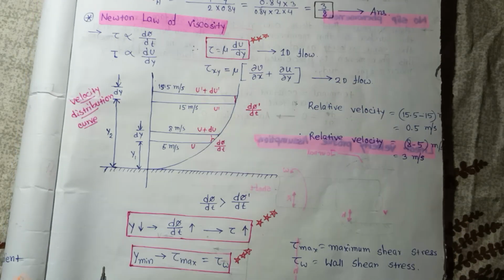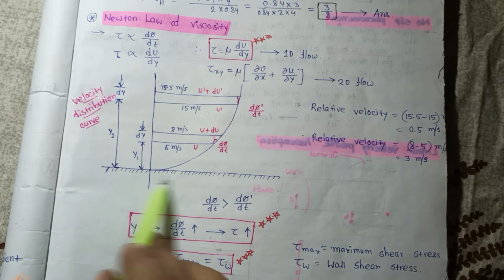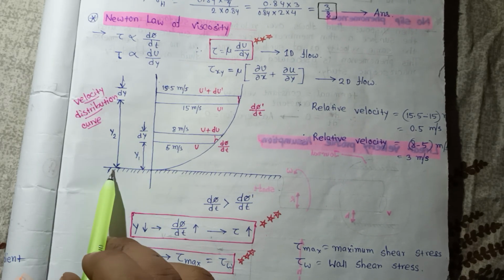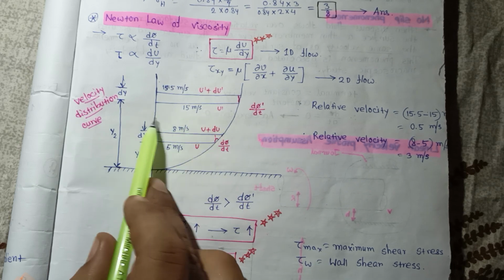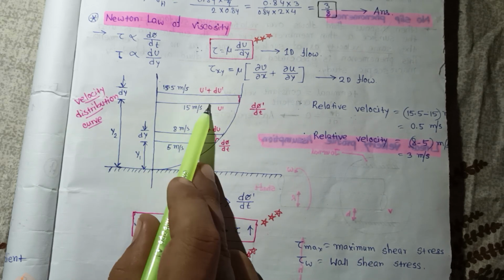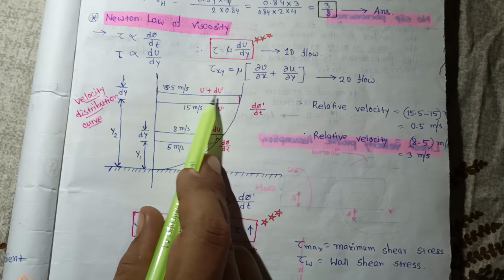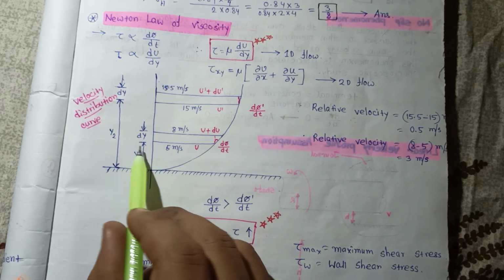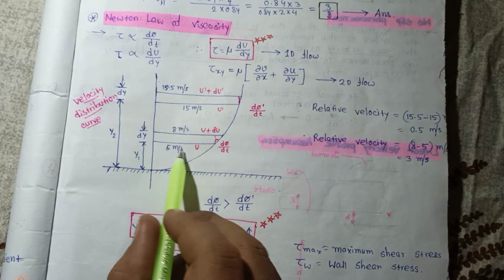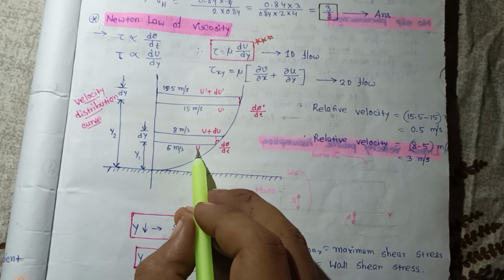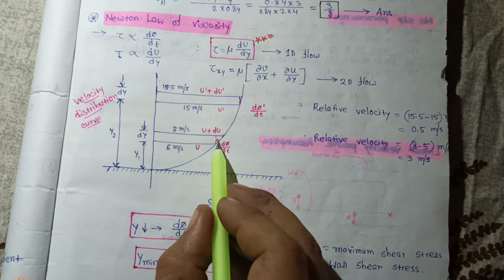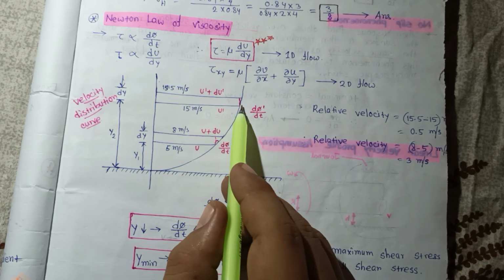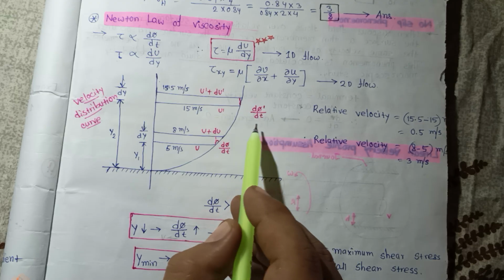Okay, now let's again draw the velocity profile on the solid surface. So this is the y1 location, this is dy distance, and this is the y2 location. So this is the layer, this is the y2 location, and this is the y2 plus dy location. This is the velocity profile here. At the y1 location, consider the velocity u and u plus du. Here the rate of shear deformation is d phi by dt, and here consider d phi dash by dt.